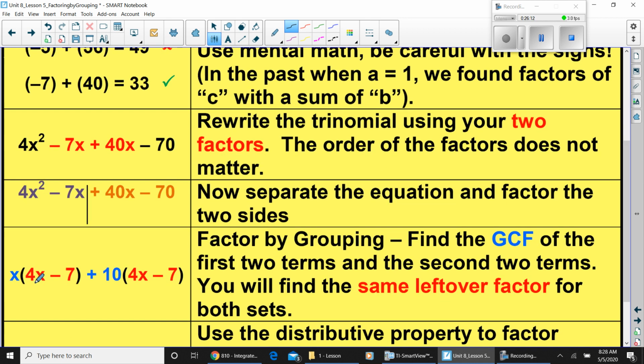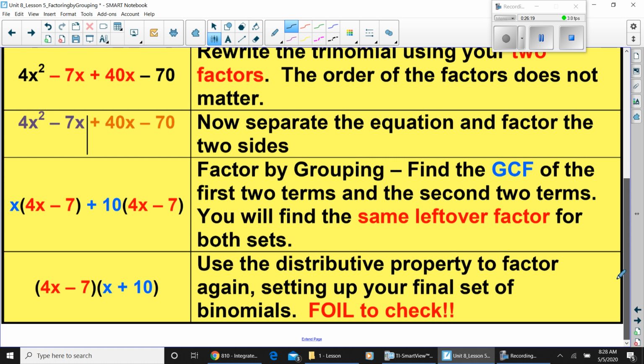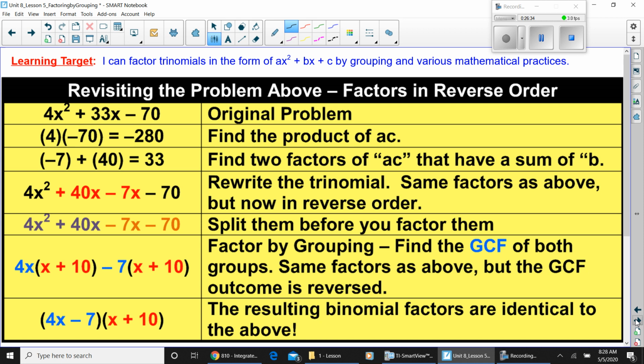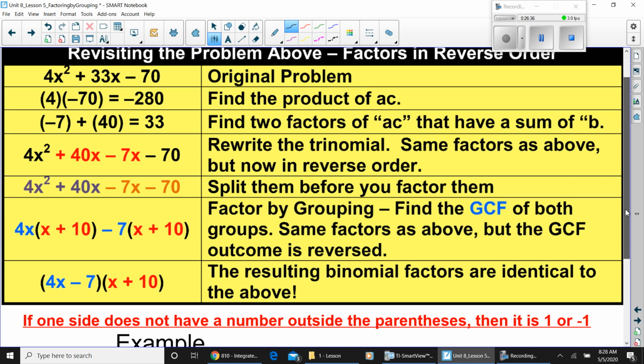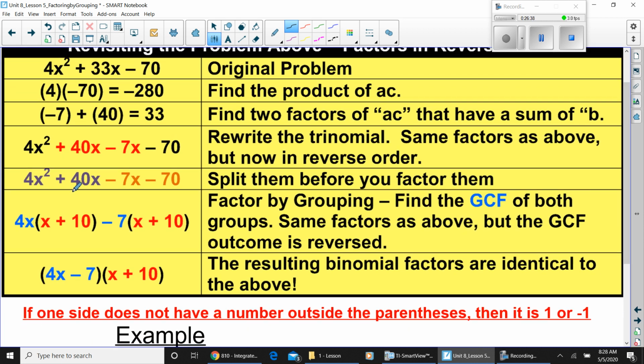It's still going to be x plus 10 times 4x minus 7. So you're still going to get the same answer. It doesn't matter which way you write it. The order of the factors does not matter. And this is the way that we did it, putting the 40x first, and then the negative 7 second. Either way, it adds to 33, and that is it.